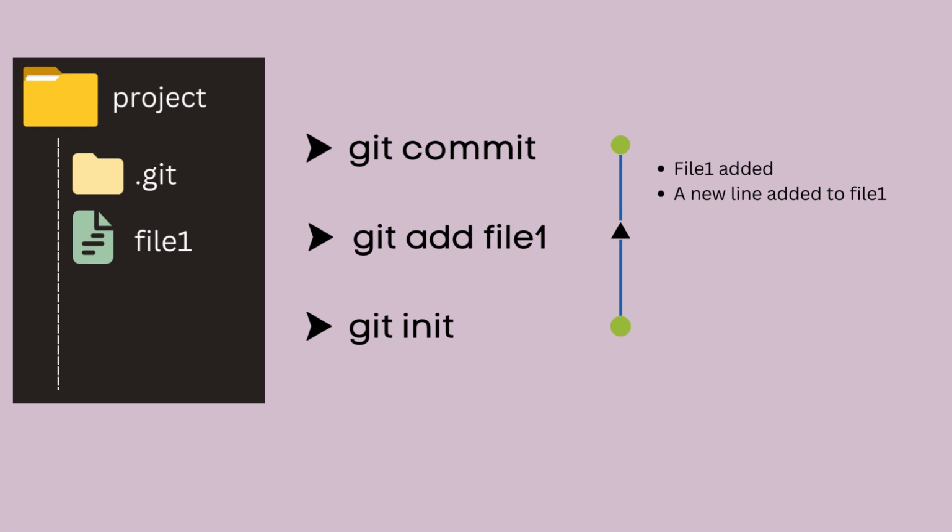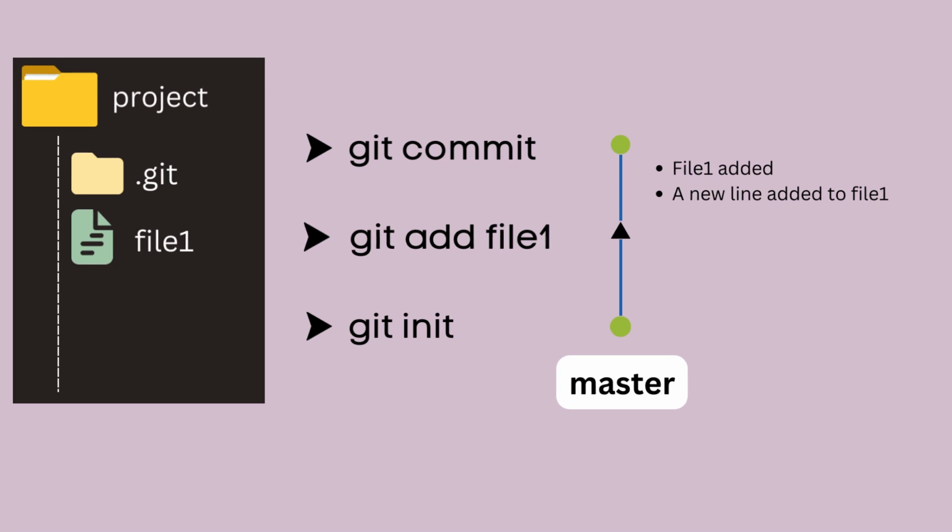Now, every change that you make during this project will be stored in a timeline we call a branch. So when you first initialize Git, it will automatically create a master or main branch for your project, and it will track every single change on this branch.